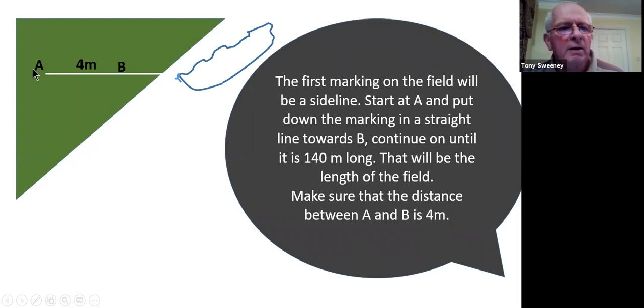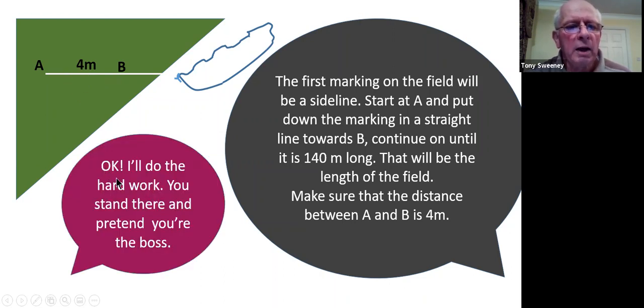Start at A here and put down the marking in a straight line towards B, and continue on until it is 140 meters long. That will be the length of the field. Make sure that the distance between A and B is 4 meters. Okay, I'll do the hard work. You can stand there and pretend you're the boss.